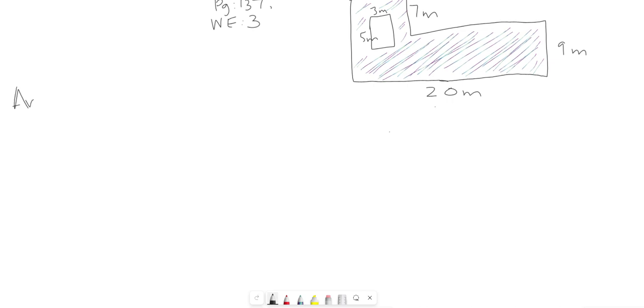Area of rectangle is equal to length into breadth, or length into width. First of all, let's find the area of the white rectangle.